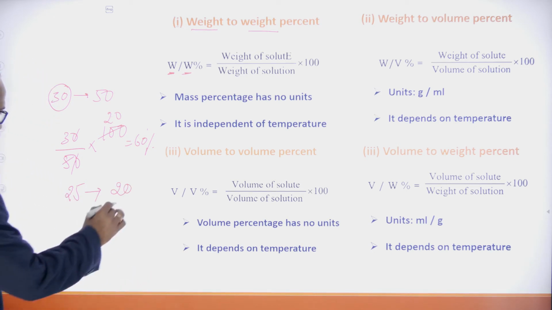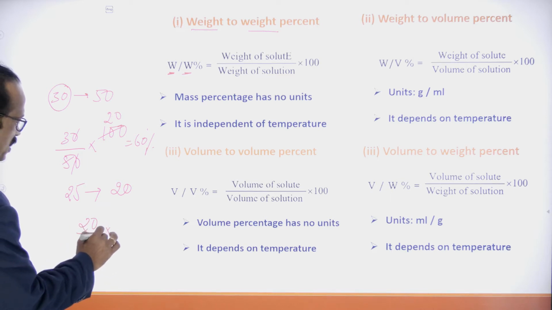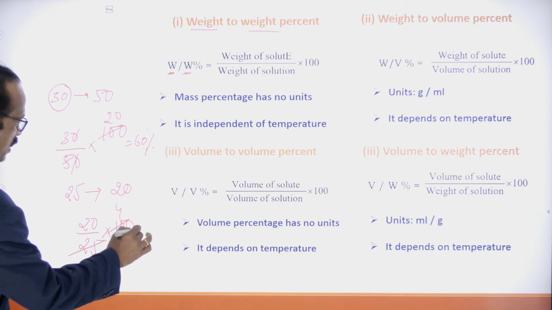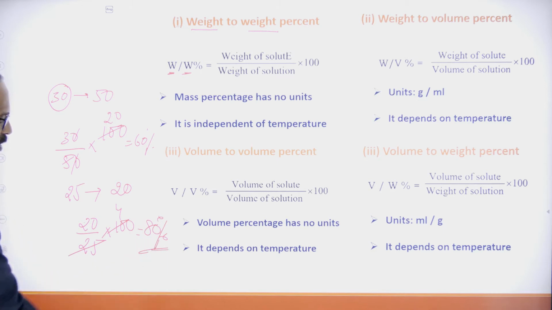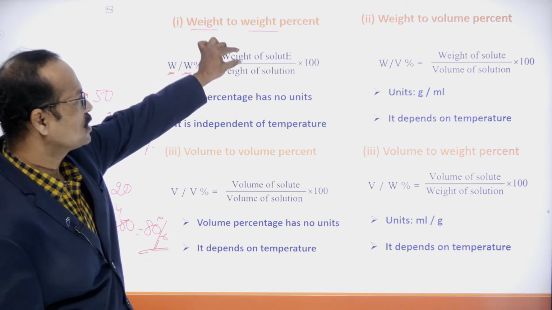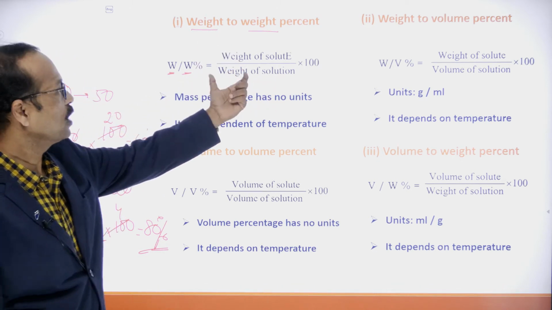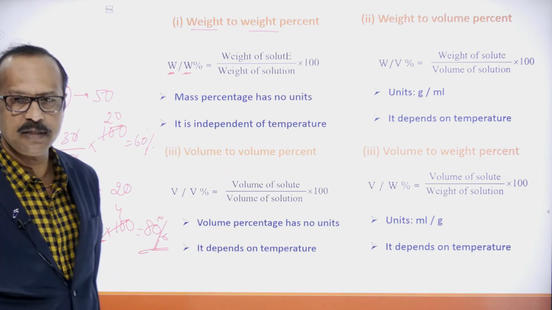You got 20 out of 25. If it is out of 100, how much? 25 fours are 100, so 4 into 20 is 80. So your percentage is 80. Same thing. Weight of solute means how much sugar is added, and weight of solution means the total amount of milk with sugar, and into 100. That's all. Very simple, no?